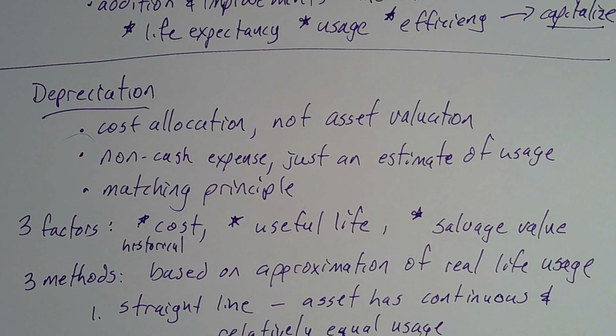So salvage value is basically the company just being smart about its equipment and saying, we don't want to use it all the way up till the point where it breaks down. We want to use up the majority of the value and then maybe sell it on the used market. And that salvage value is basically the point that we want to use a piece of equipment up to.